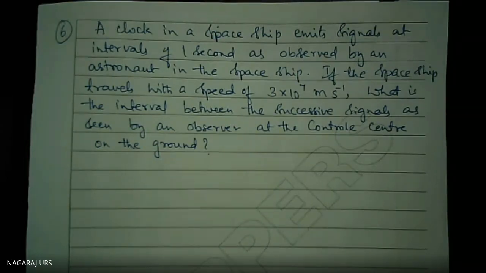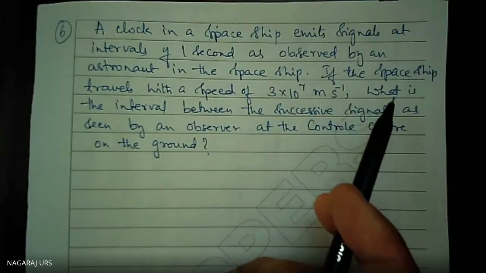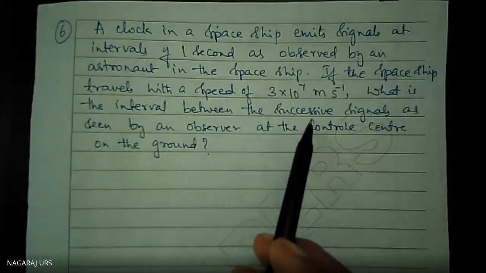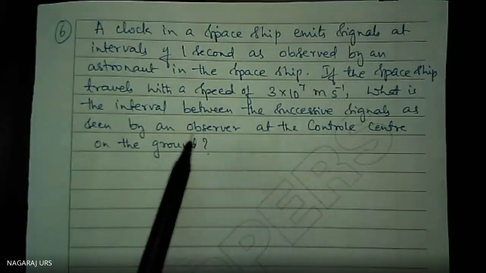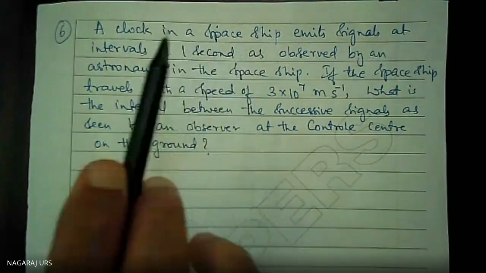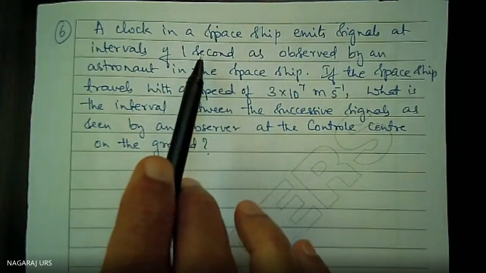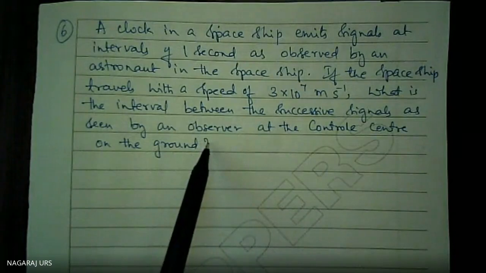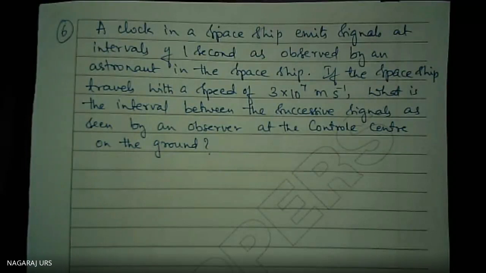If the spaceship travels with a speed of 3 into 10 to the power 7 meter per second, almost equal to the velocity of light, what is the interval between the successive signals as seen by an observer at the control center? The control center will be on the ground. Here the interval between the two events is equal to 1 second, but here it must be more than that. Correct. Let us see that.